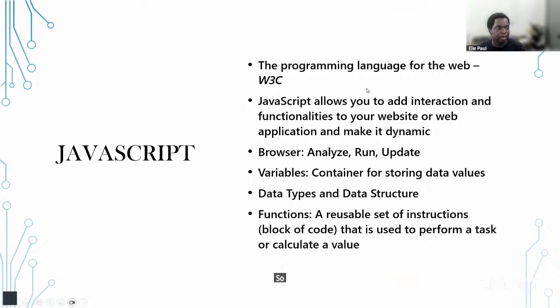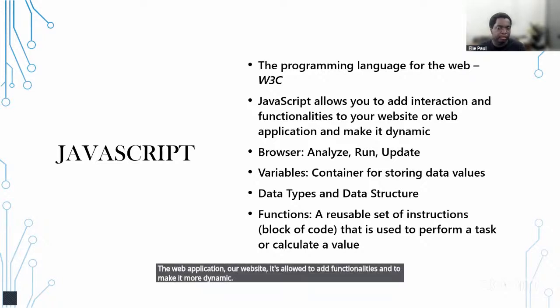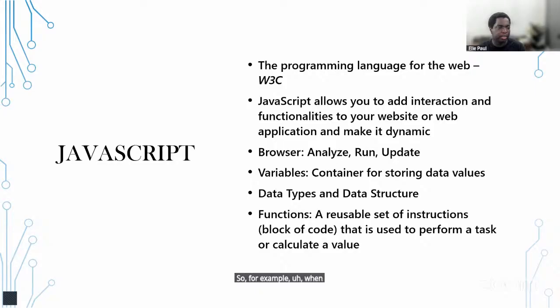So what does JavaScript allow you to do? It allows you to add interaction to the web application or website. It allows you to add functionality and to make it more dynamic. So for example, when you're creating a form in a website, you can add a button, or when you want to do something, you can add a button. But if you don't have JavaScript, the button is not gonna do anything. You will be able to click, but nothing is gonna happen.